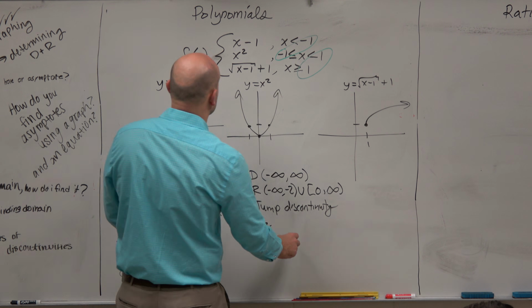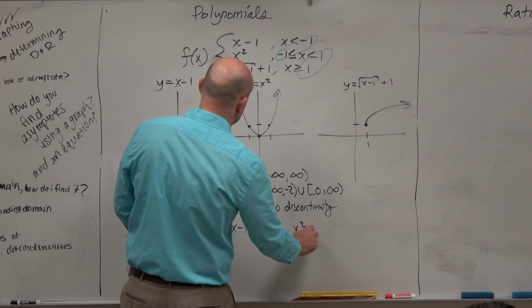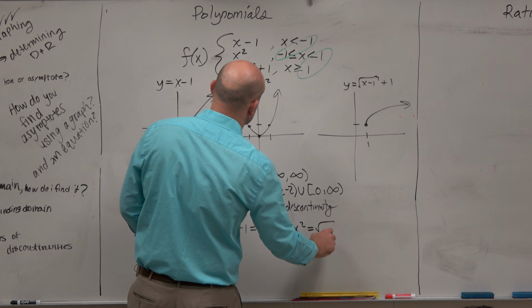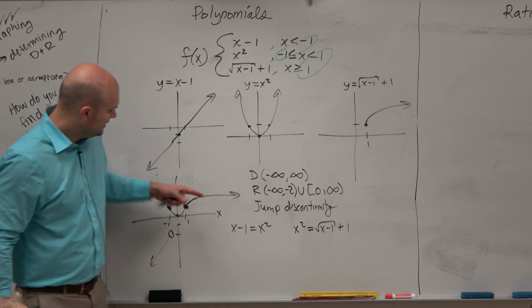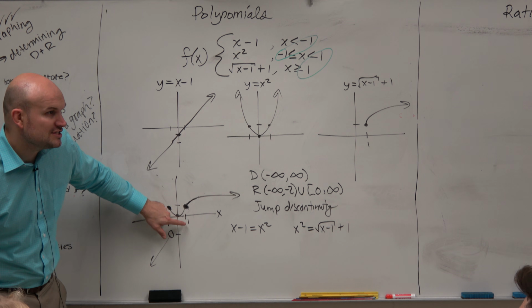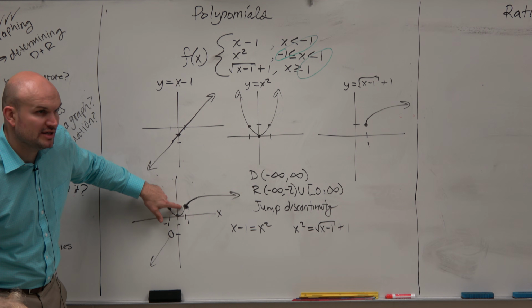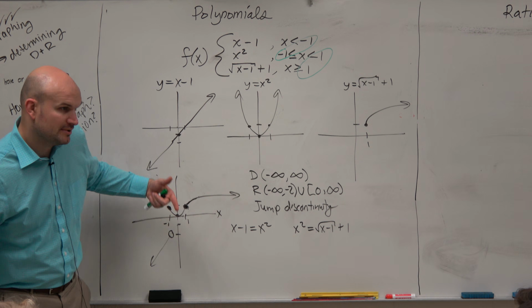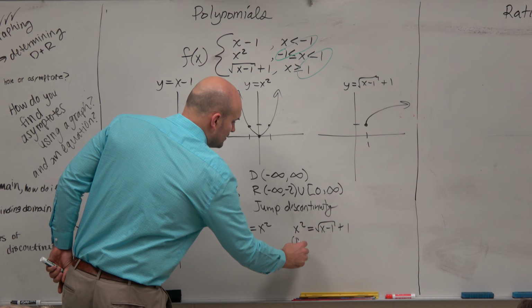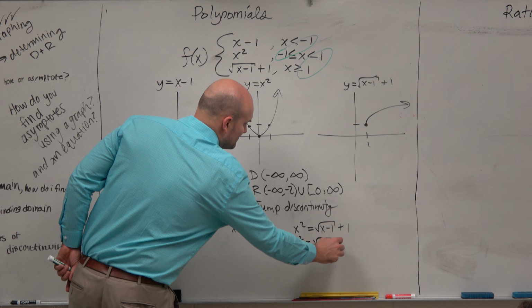Let's look at this one. X squared is equal to the square root of x minus 1 plus 1. This function is continuous. For the x coordinate 1, don't you guys agree that they have to have the same y value if it's continuous? Right? So what I'm going to do is I'm going to plug in 1 to show that they have the same value.